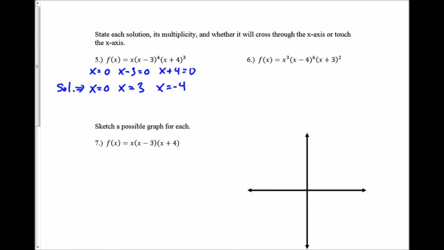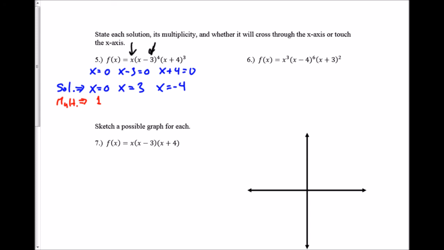And now if I want to state the multiplicity, when we're talking about multiplicity, we're talking about how many times each of those solutions would occur. So if I look at the x equals 0, I only had one of those x's up here in the function, which means that would only occur one time. So the multiplicity for this first one is 1. The second one, I have an x minus 3 to the 4th power.